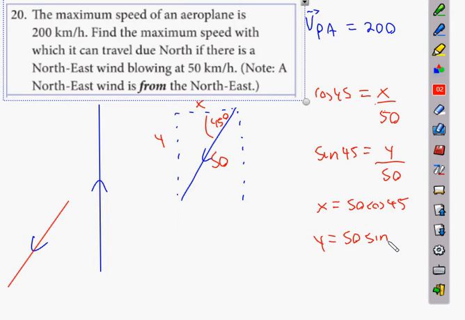Can somebody tell me what both of them are? They're actually the same thing, we only need to do one of them. 25 root 2. So what this means is that the velocity of my air, I'm calling it air this time. I'm not happy with A purely because planes are often referred to as aeroplanes, so I'm going to turn them into W's.